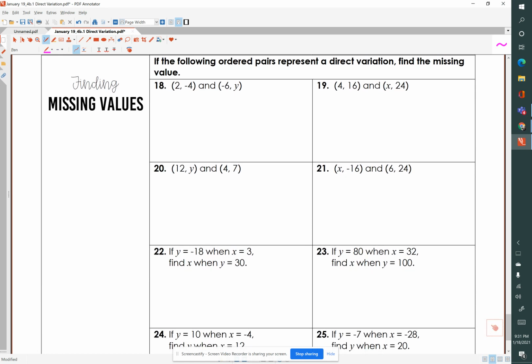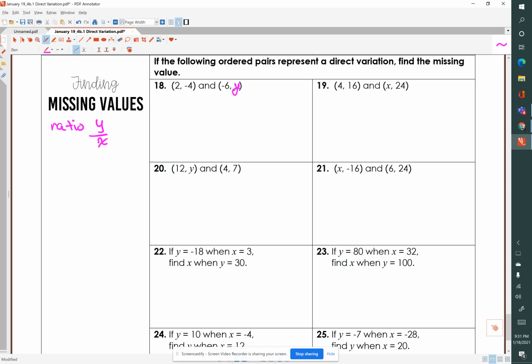So let's move on and see if we can find some missing values. If we're given 2 points and we're asked to find one, in this case y, we know that direct variation is a ratio of y over x.